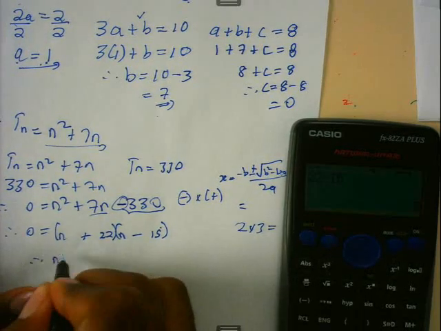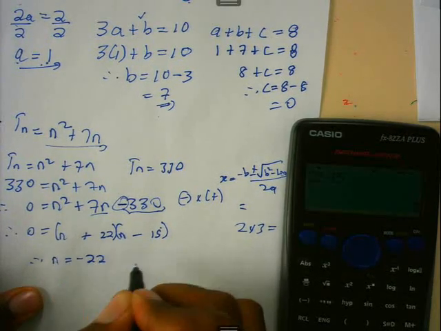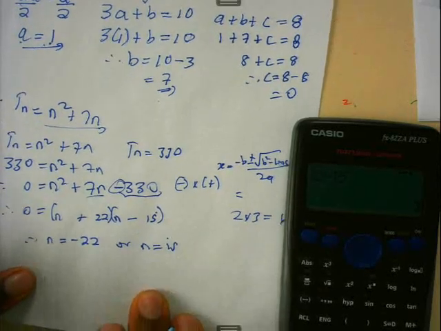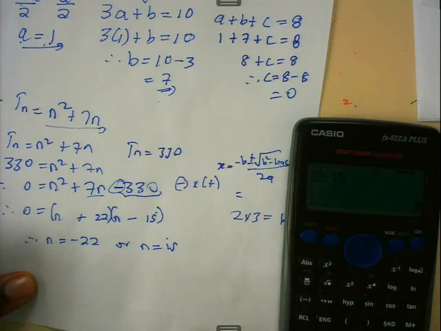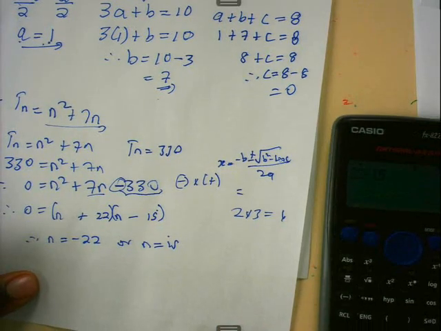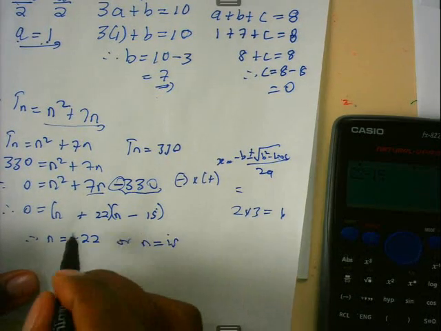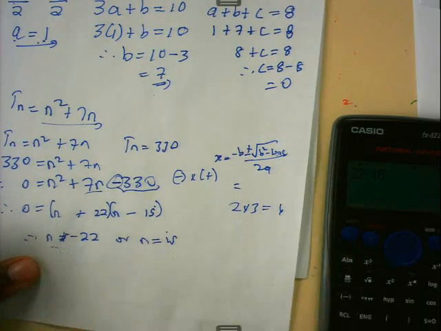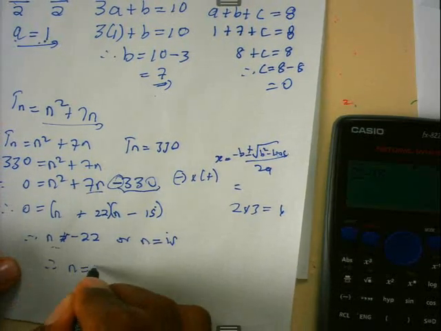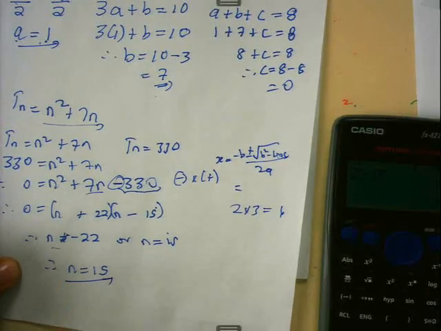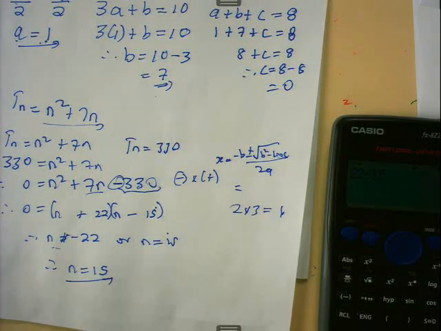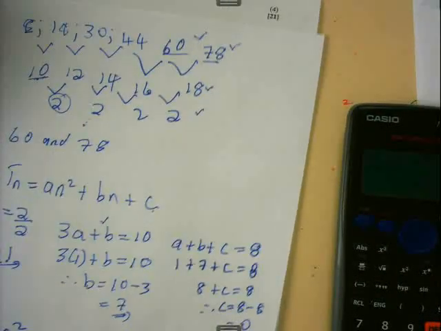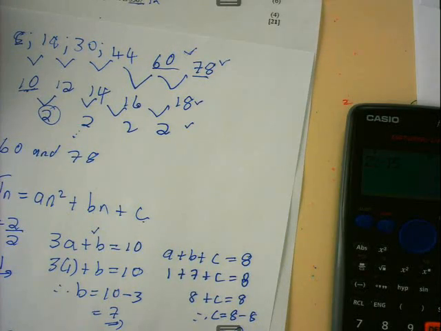Therefore, we can now say n is equal to negative 22, or n is equal to 15. Of course, boys and girls, you cannot just leave your answer like this, because in that pattern you cannot say our n is minus 22. Therefore, you must indicate that n is equal to 15. It's very, very important. Boys and girls, these are the 3 questions that we are referring to under the quadratic pattern.